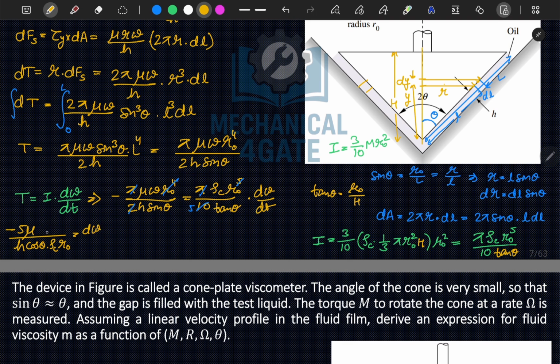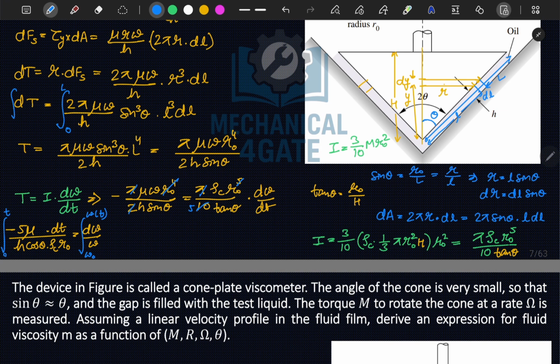So let's write dt here and omega here, and now we will integrate both sides, from omega naught to omega of t. And here the variation is time, so from time t equal to 0 to time t.